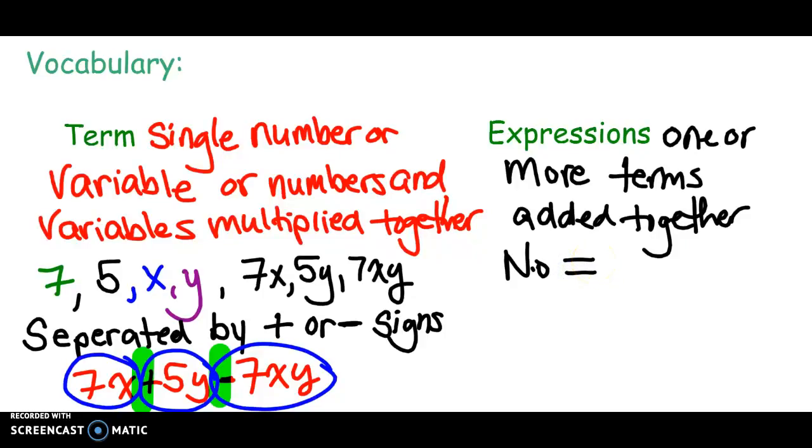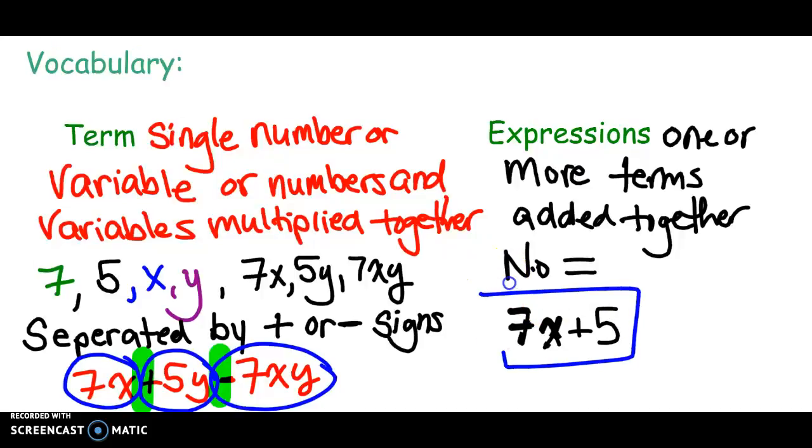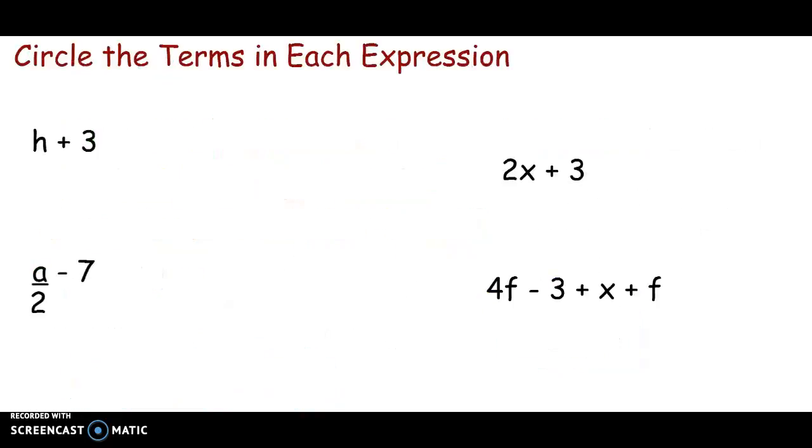So, for example, if I have 7x plus 5, that's an expression. Our goal in this unit is to learn how to simplify expressions so that we can solve equations.